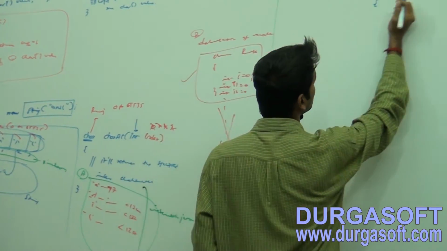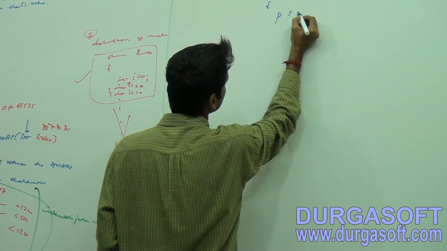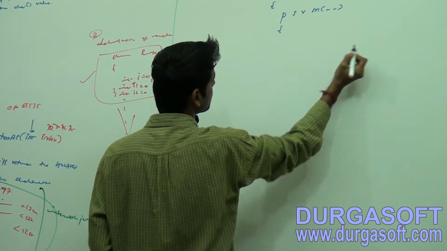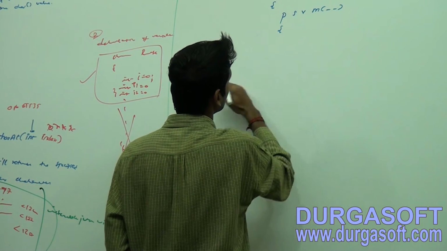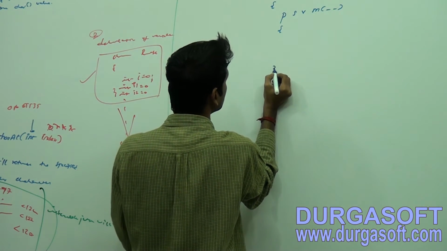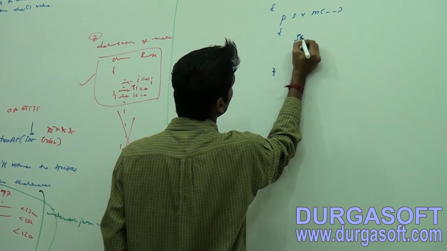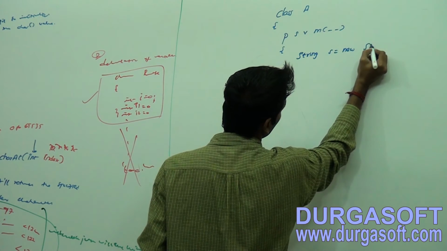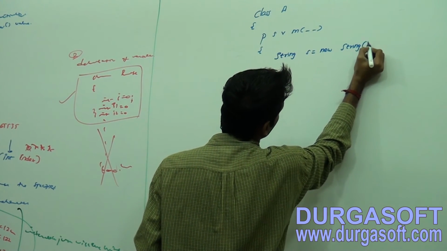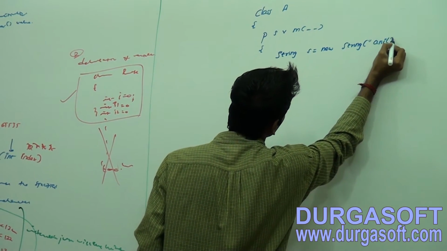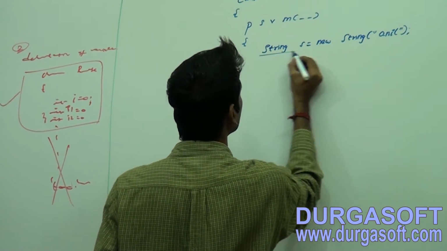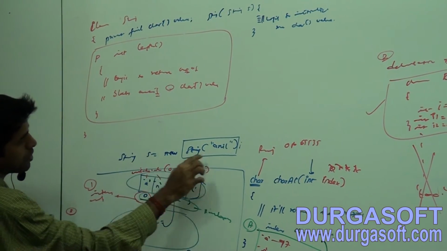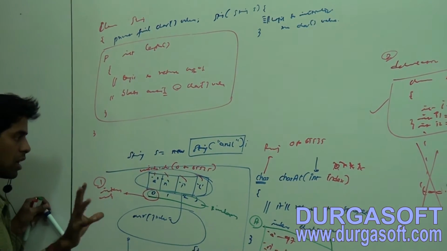Observe here, class A. Now public static void main, String array. Take one small string object: String s = new String("anil"). Observe, this statement and this statement are the same.